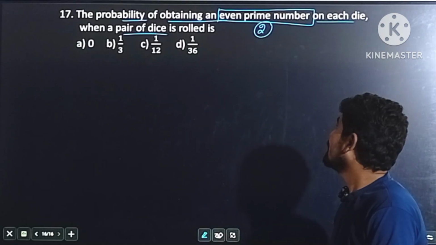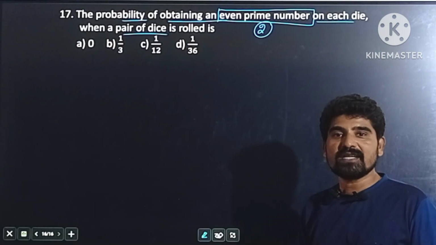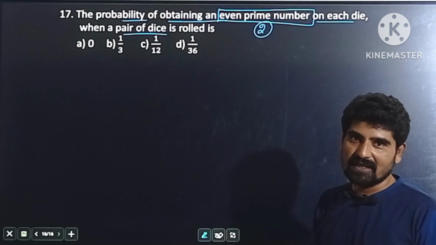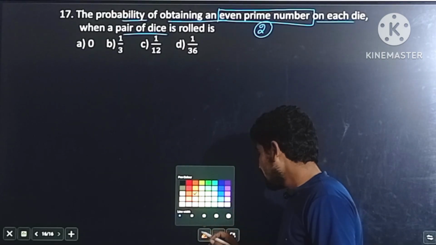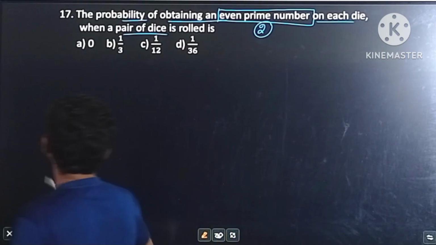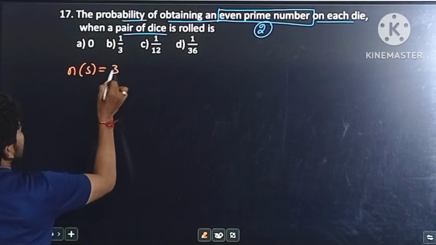So we need to calculate the probability of getting 2 on the first die as well as on the second die. When a pair of dice is rolled, the number of possible outcomes in the sample space is 36.